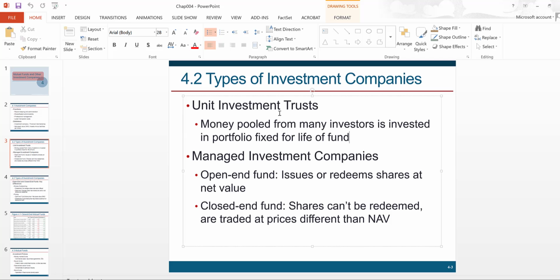So the way unit investment trusts work is that a portfolio of securities is set up at inception, and then that portfolio remains the same for the life of the fund. There are no changes being made to the portfolio. So for example, let's say there is a unit investment trust that manages municipal bonds.